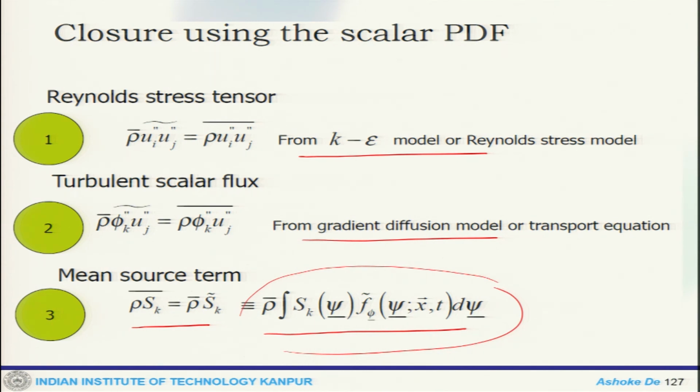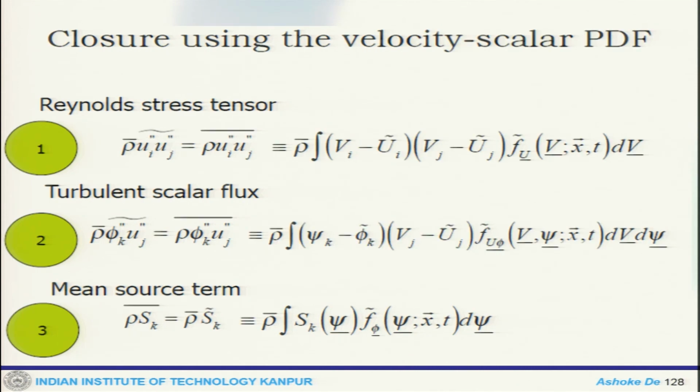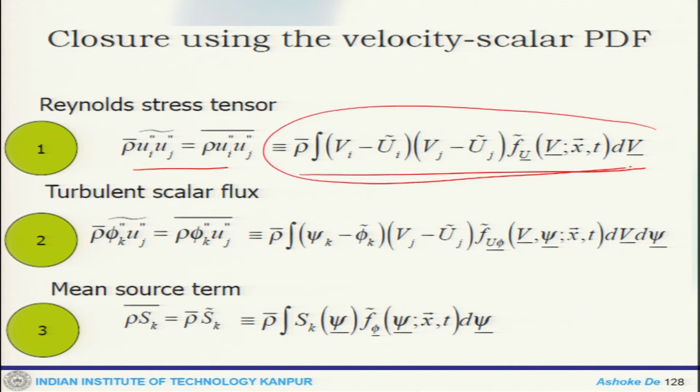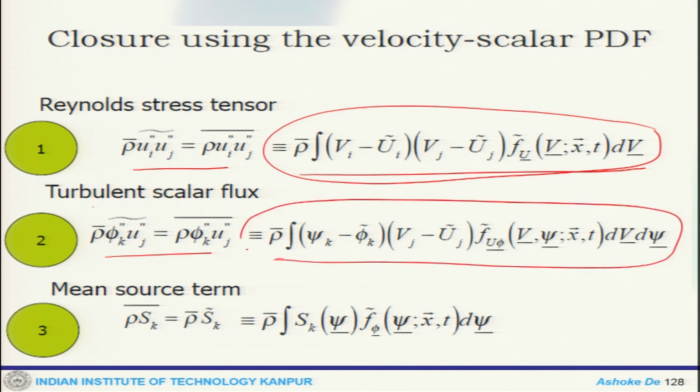Similar things one can close using the velocity scalar joint PDF. This is the Reynolds stress term, which one can close using the joint PDF or velocity PDF. So, instead of taking it directly from the RANS equation, we can now use the Lagrangian information to close it. The turbulent scalar flux, which is this term, we can close using the velocity scalar joint PDF, and the source term using the scalar PDF.